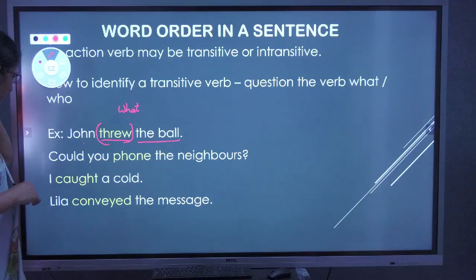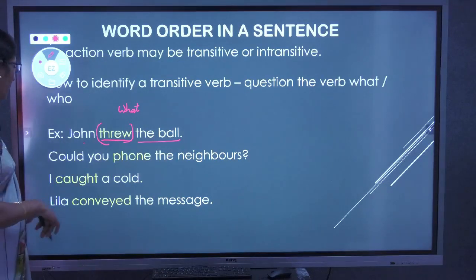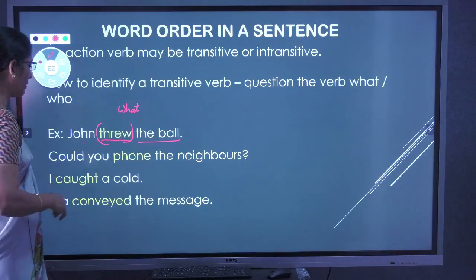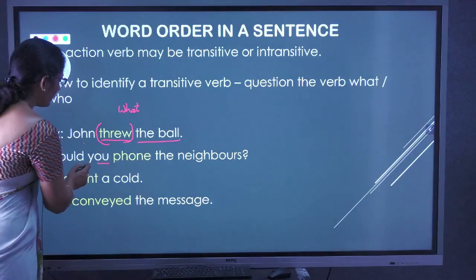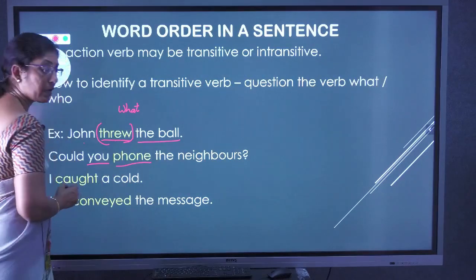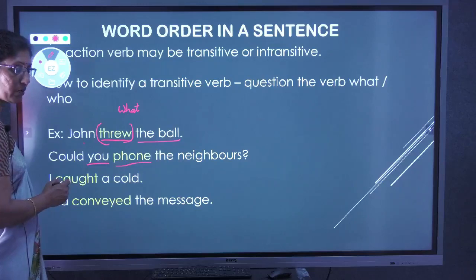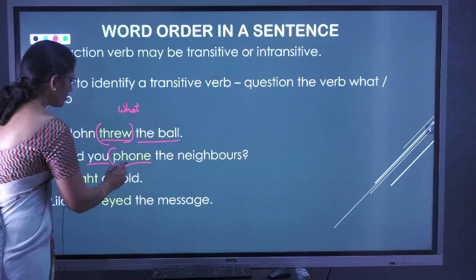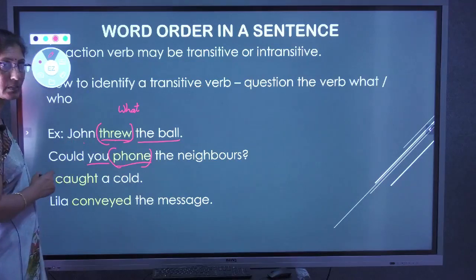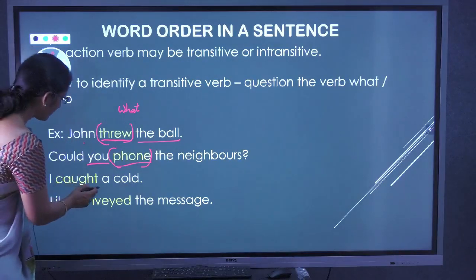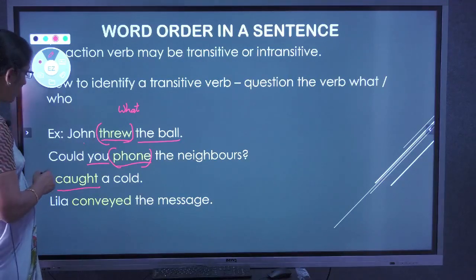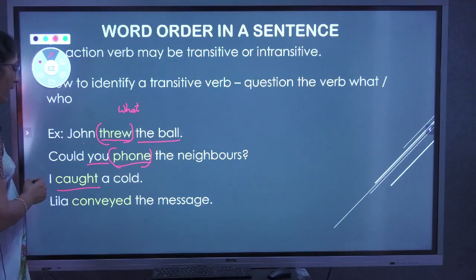Next. Next one. Could you phone the neighbors? Here you is a subject. Okay. Here phone is a transitive verb, an action word. Just question it. Who or what? You will get the answer. Take this one. I caught a cold. You apply the same principle. Ask it. What did I catch?